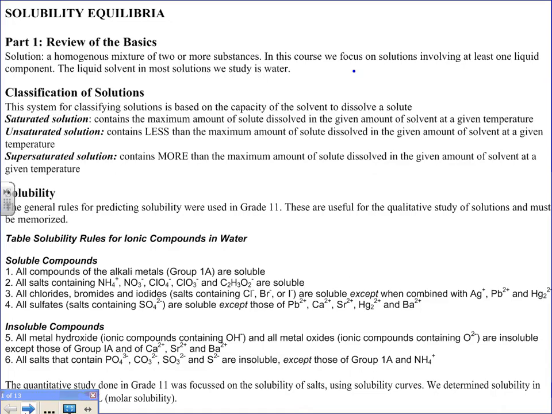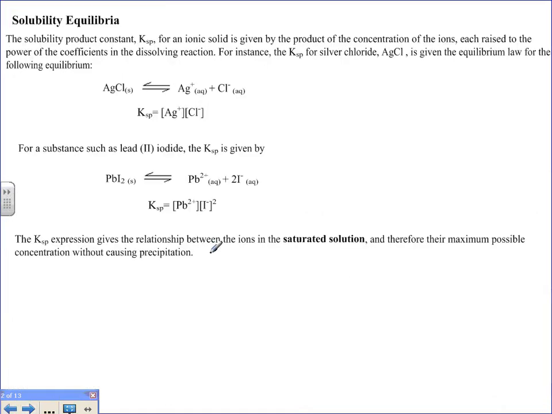Now, when we're looking at the equilibrium for a solubility equilibrium, what we are looking at is the salt that we're studying and how it dissolves in water. So this is the opposite of how we would consider reactions in grade 11. In grade 11, we would consider the double displacement reactions that led to the formation of the precipitate.